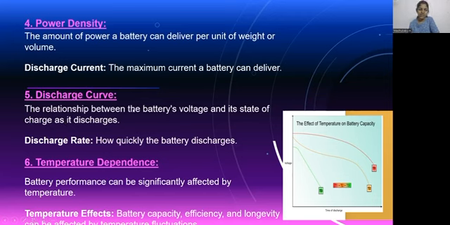And the discharge curve is the relationship between the battery's voltage and its state of charge as it discharges. How quickly the battery discharges is known as the discharge rate. Temperature dependence can be defined as when the device is heated up due to external temperature.